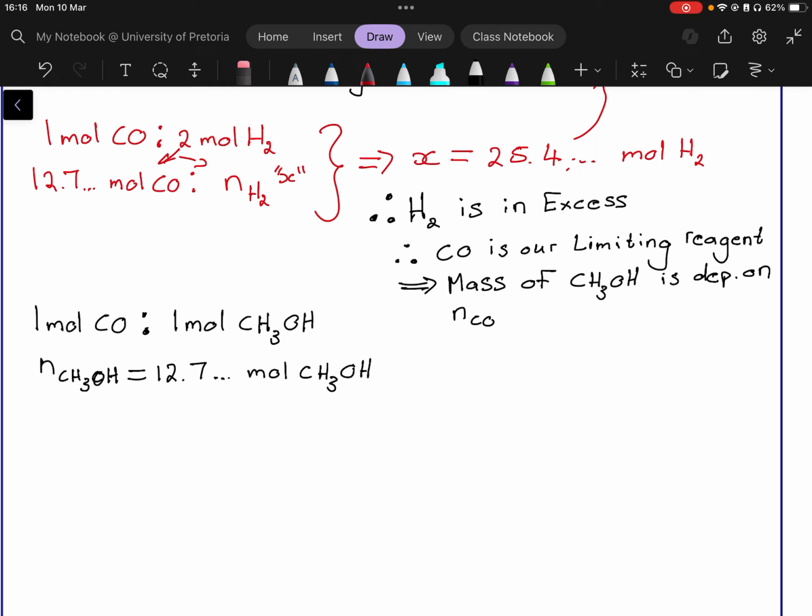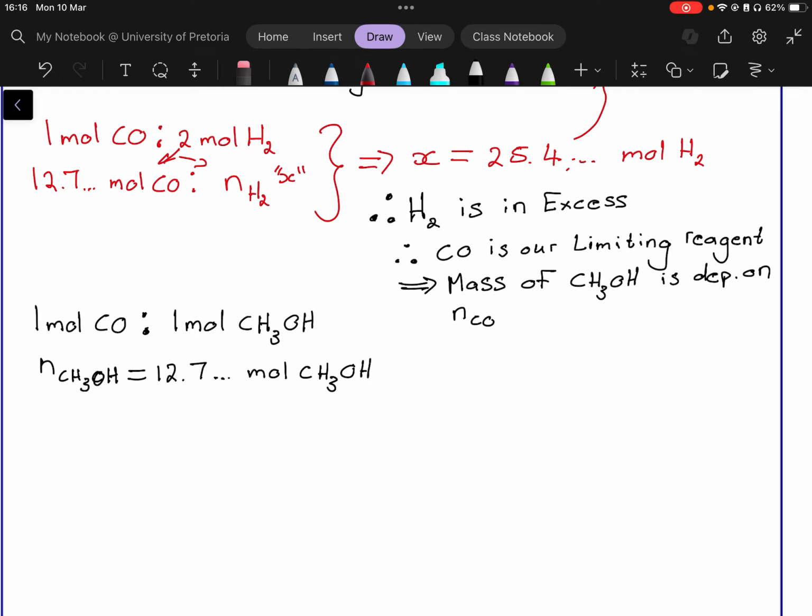But anyway, the point is we determined that CO is our limiting reagent. That means whatever the number of moles is of our limiting reagent, that will dictate how many moles of anything else that is a product will form. In this case, it is a 1 to 1, so it immediately gives us the number of moles.